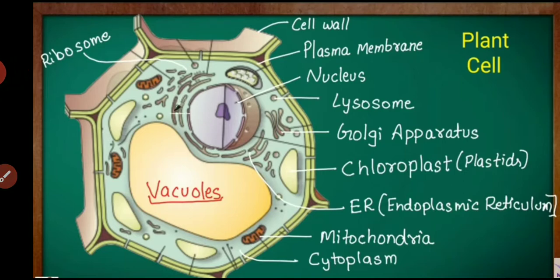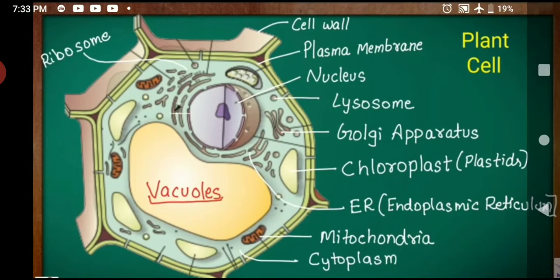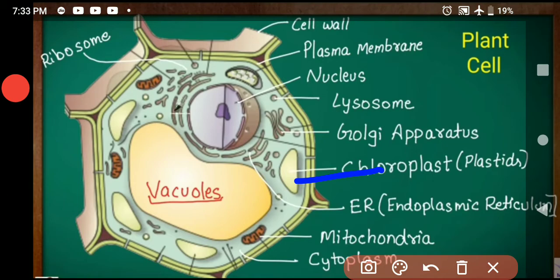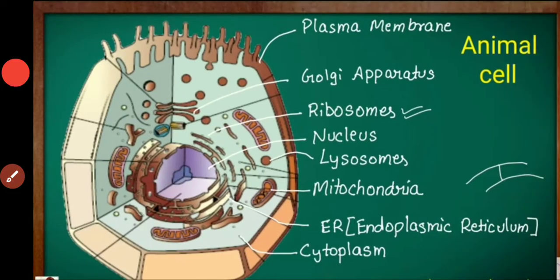See, plastid, chloroplast present in plant cell, but plastid is absent in animal cell. Now all of you know the difference between animal cell and plant cell, and there is also a difference of size between animal cell and plant cell. Size of animal cell is smaller than size of plant cell.